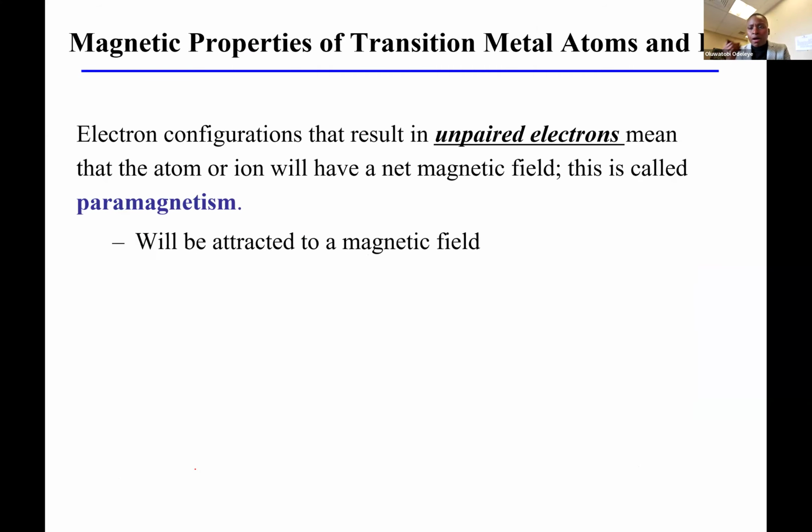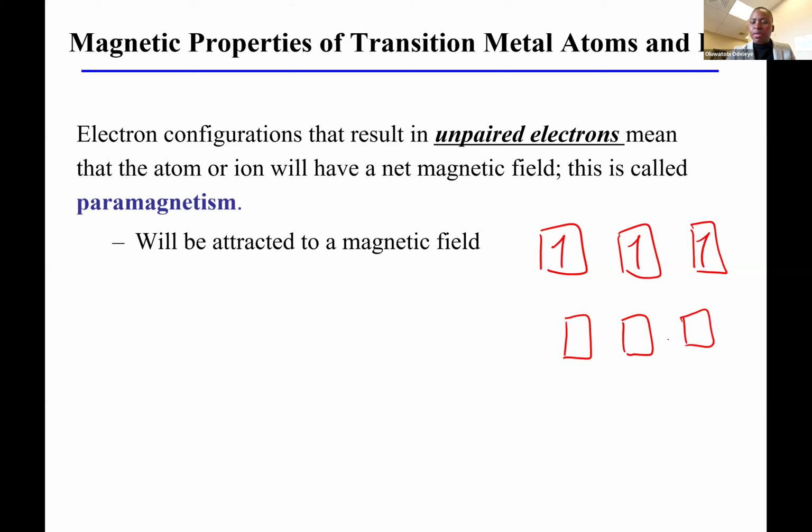All right, let's talk about paramagnetism versus diamagnetism. So this idea of ions and filling up electrons, orbitals and things like that can actually result in different types of magnetization. Okay, so if you have stuff with unpaired electrons, that means if I have my orbital block and I have these, these are what we call unpaired electrons, and these would be paired electrons.